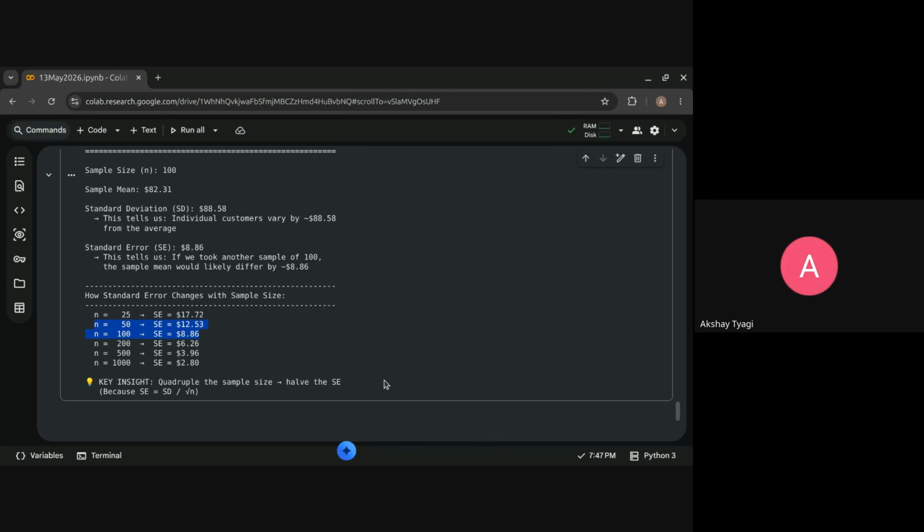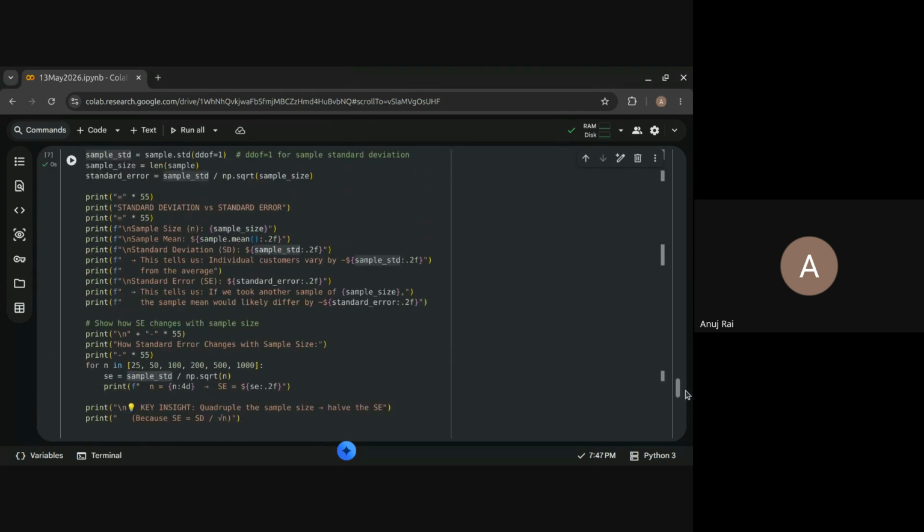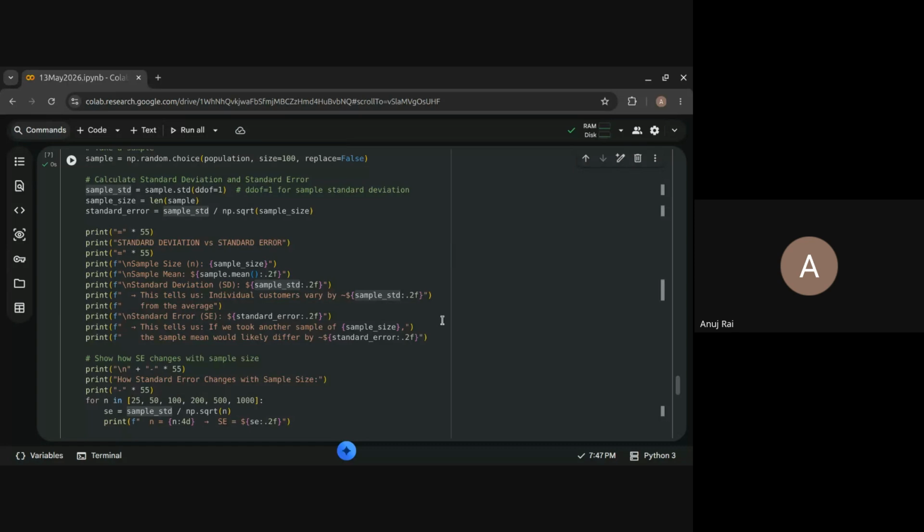Sir, why have we kept the degree of freedom as one in the program that you have shown? Basically, the degree of freedom is a statistical way to tell NumPy how to find the standard deviation.